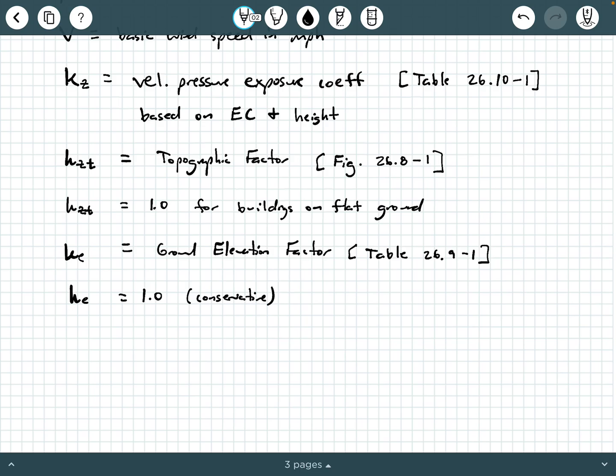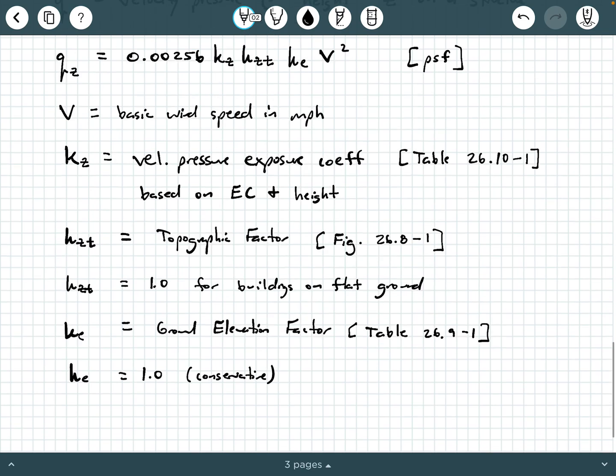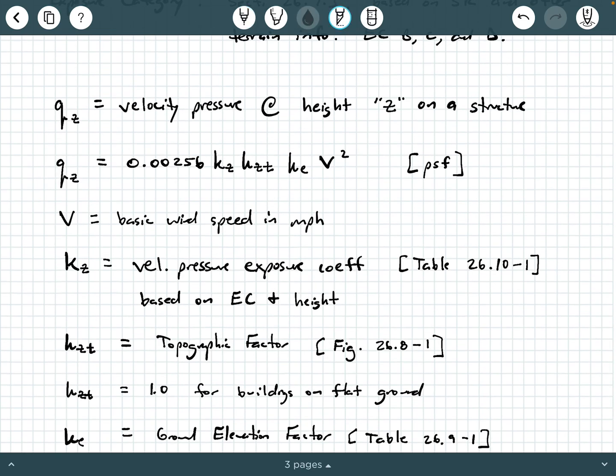And if you look at that table, as your ground elevation is farther above sea level, KE gets smaller and smaller. So you can extract a KE value if you know what your ground elevation is, but the code, ASCE 7-22, always permits you to take it as 1 to be on the conservative side. So that defines this velocity pressure and how we calculate it.